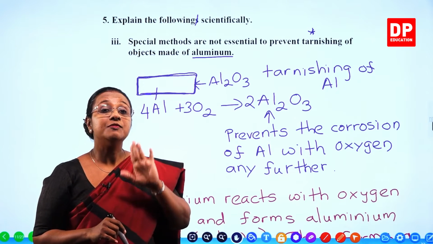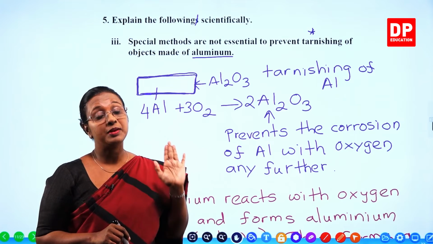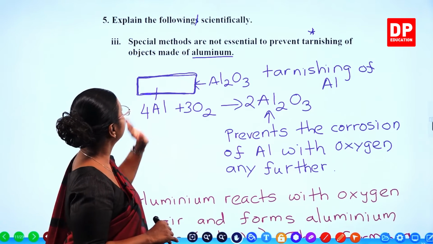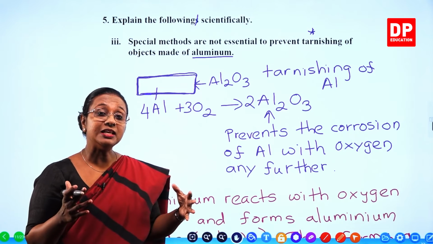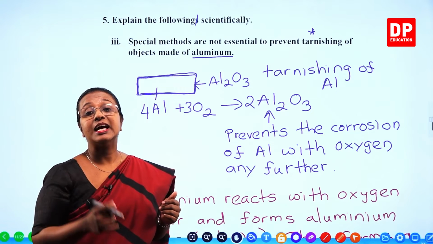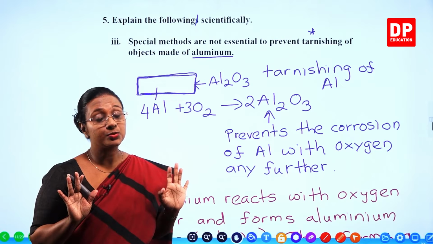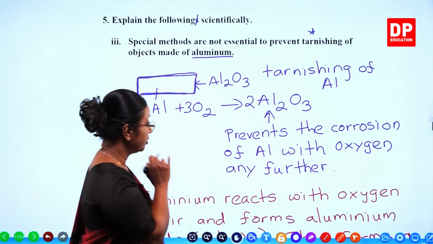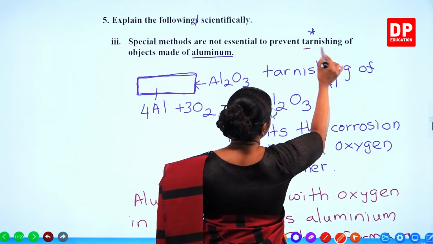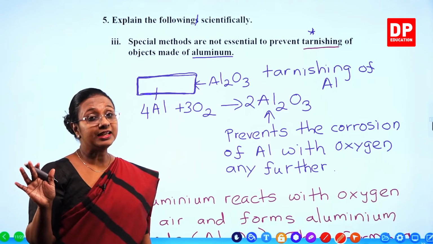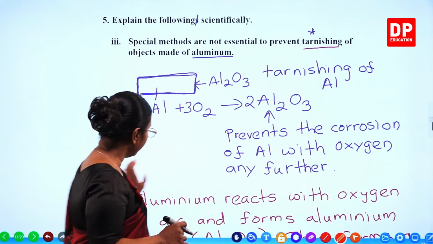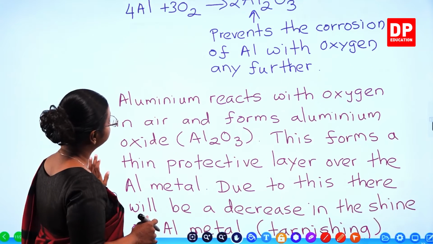Because of that, further corrosion is prevented. So we don't need to take special methods to prevent corrosion because aluminium is protected by the aluminium oxide layer. That is what you have to remember, students. So you need to know the difference between this tarnishing and corrosion. Is that clear to you? So that is how we answer this question.